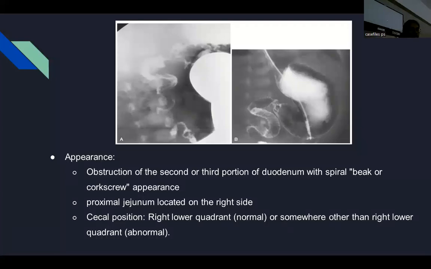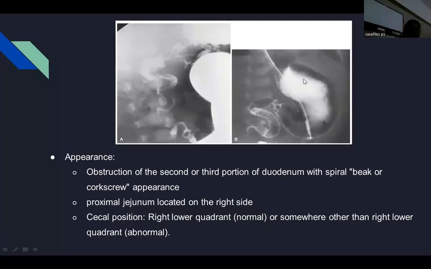If we follow this patient through a barium follow-through, the cecal position can also be appreciated. The normal position of the cecum is the right lower quadrant, which we all know. In patients with malrotation, the cecum can be towards the right upper quadrant as well.